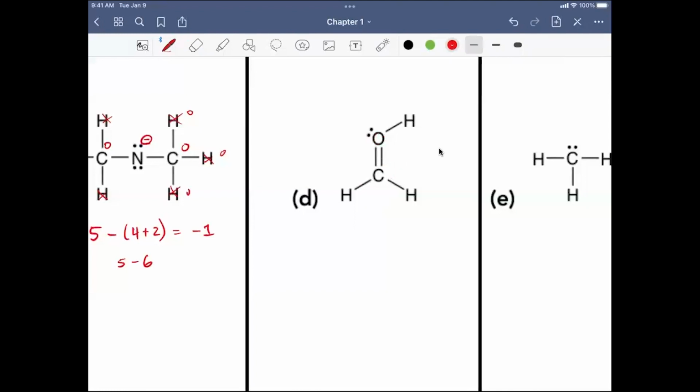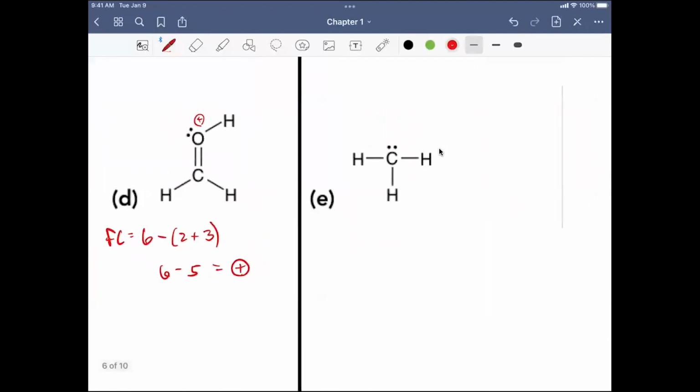Oxygen likes to have 2 bonds to fill its octet. So let's calculate that formal charge on oxygen. We know it has 6 valence electrons. It has 2 dots and 3 bonds. So that's 5. So 6 minus 5, that oxygen has a +1 formal charge. Okay.